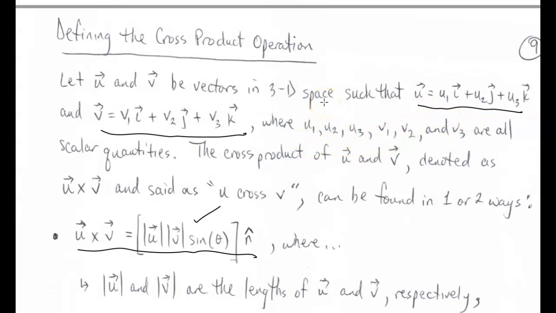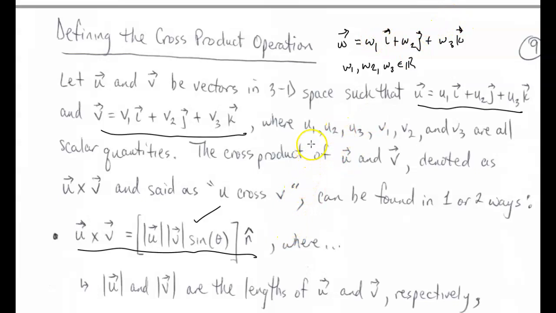Just for simplicity, I'm also going to define another vector w, because I defined this later on, but I should have probably just done it up here. So I'm going to write it now, where all three components are scalar quantities as well. Another way of saying that is that w1 through w3 are just real numbers.